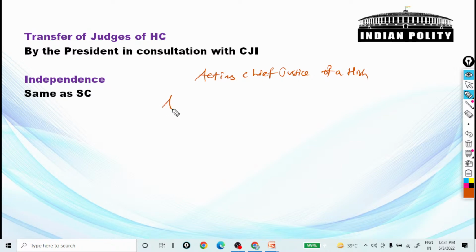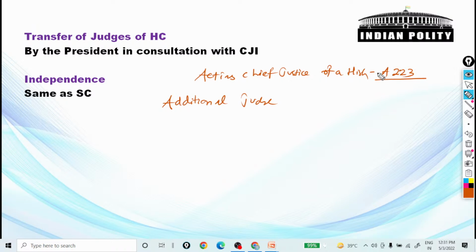Then additional judges. Additional judges are appointed by the CJI. But for the acting chief justice, you go to Article 223.